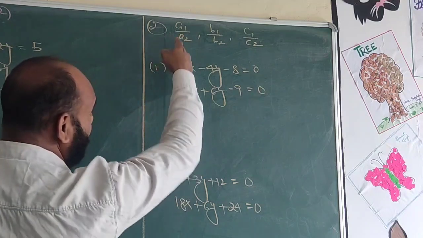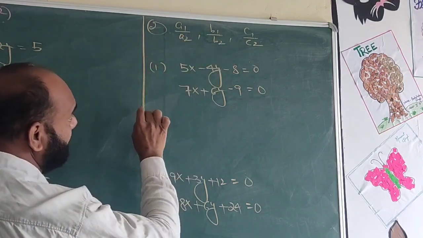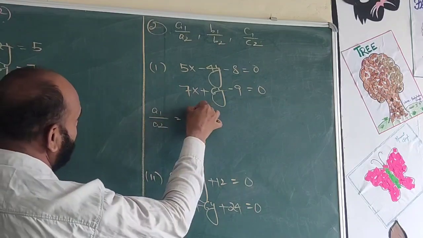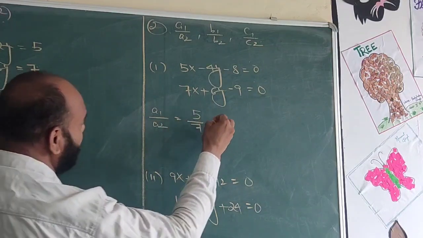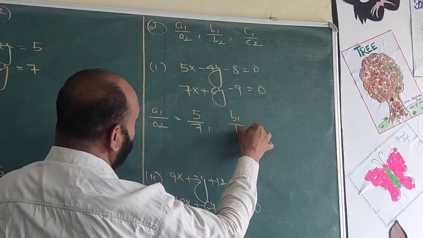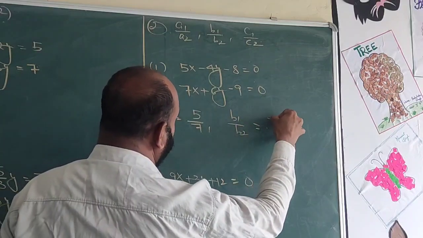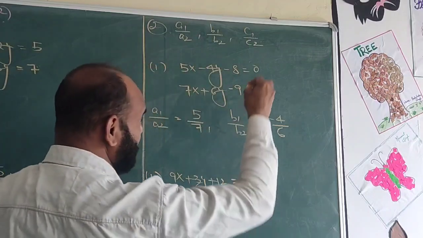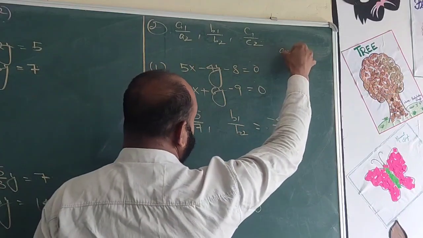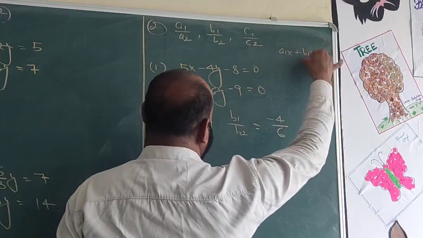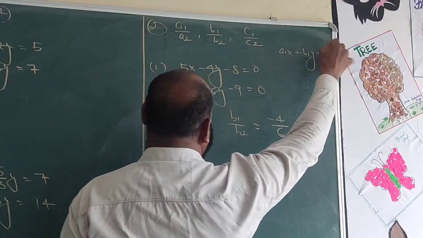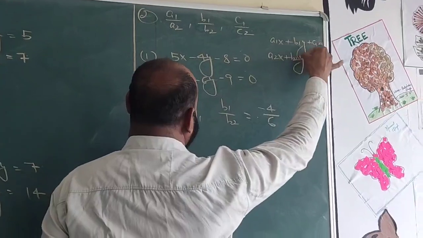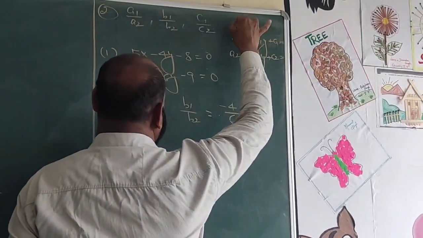So first of all, we want to find these three ratios. A1 upon A2 is equal to 5 upon 7, B1 upon B2 is equal to minus 4 upon 6. These two equations are compared with the standard form, which is A1x plus B1y plus C1 equal to 0 and A2x plus B2y plus C2 equal to 0.